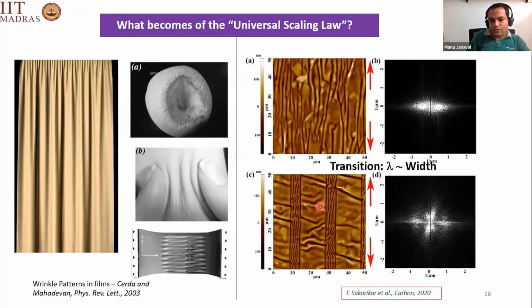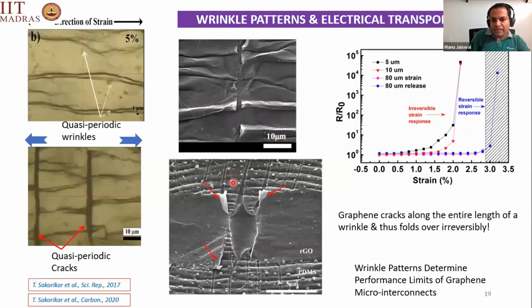And this very surprising result, where the universal scaling law does not seem to hold, has important implications. What it tells us is that if you make devices from bulk samples or 80 micron thick, wide graphene, then you can get a reversible response if you change the resistance as a function of strain.